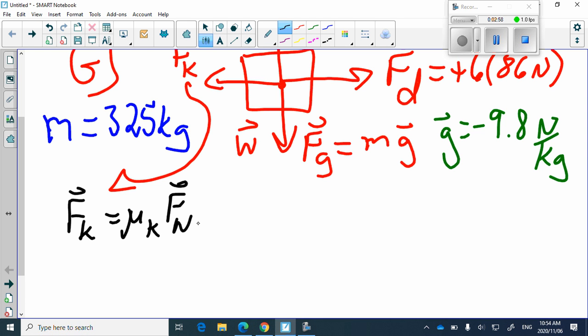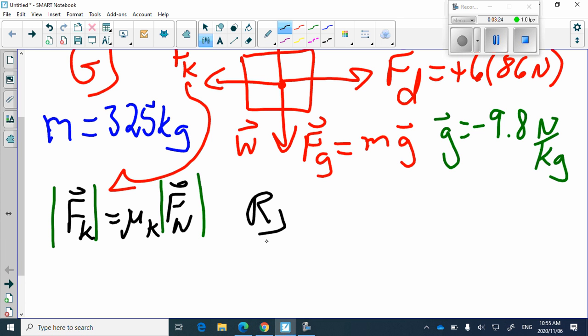I haven't limited this enough. The magnitude of the force of kinetic friction is equal to the coefficient of kinetic friction multiplied by the magnitude of the normal force. So this is all the given information we have. All of it.